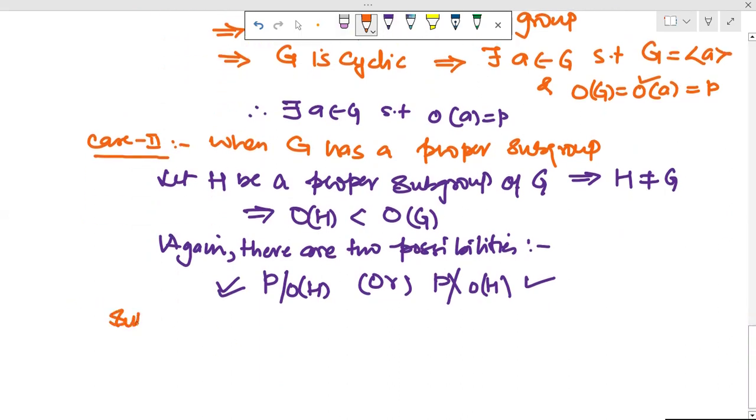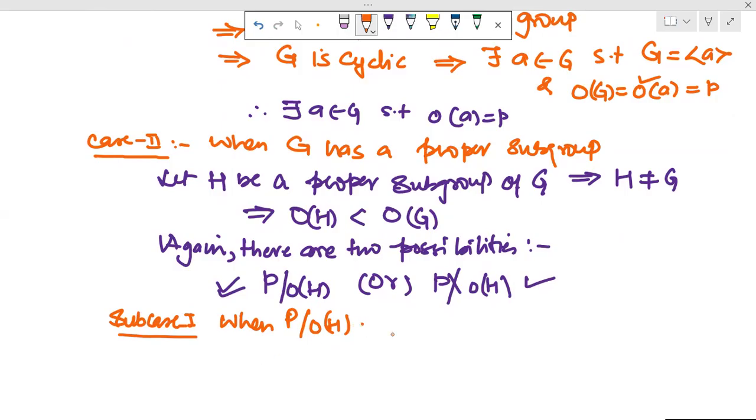Subcase 1: when P divides the order of H, then what happens?